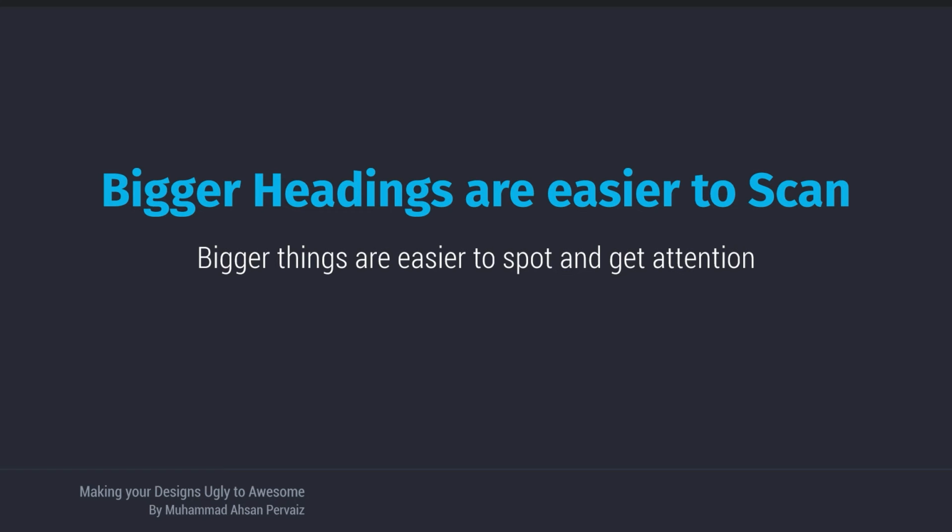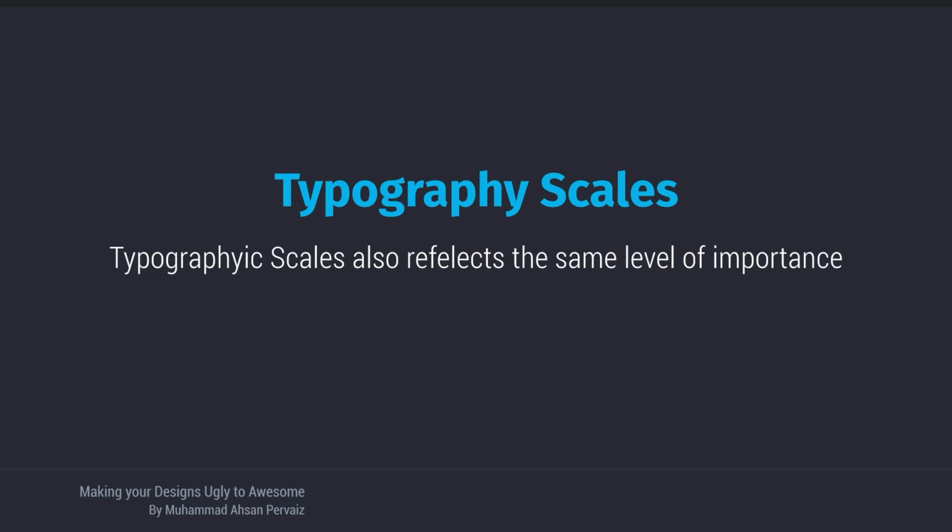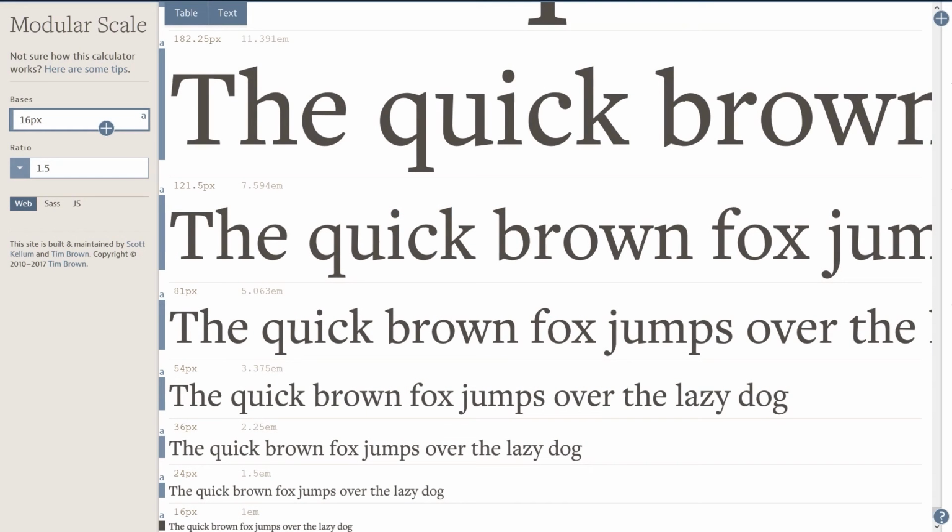And one more thing, my typography course has a scale for your typography, different sizes, which is again related to this topic, scale of importance. If you want to learn more about typography, you can look at that course. Similarly, in my typography course, I have talked about typography scales, for example, 16 pixels or 12 points for my body text, and 56 points or 56 pixels I am going to use for my biggest heading.